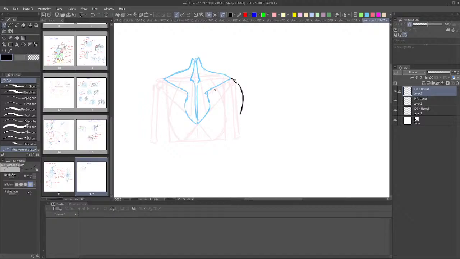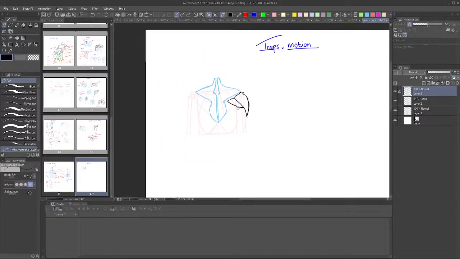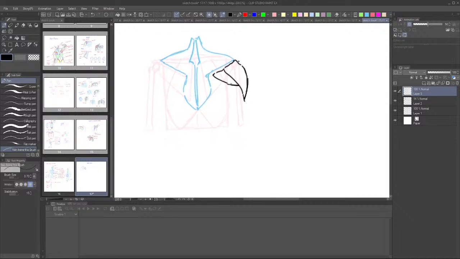Then we have the back part of the deltoid. Then we have the inner muscles there, which are the biceps, like that.